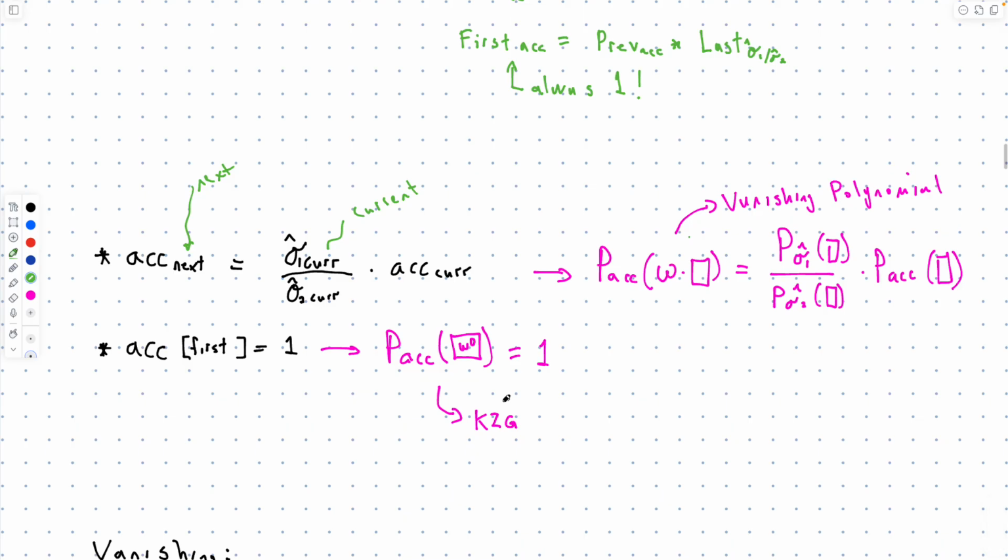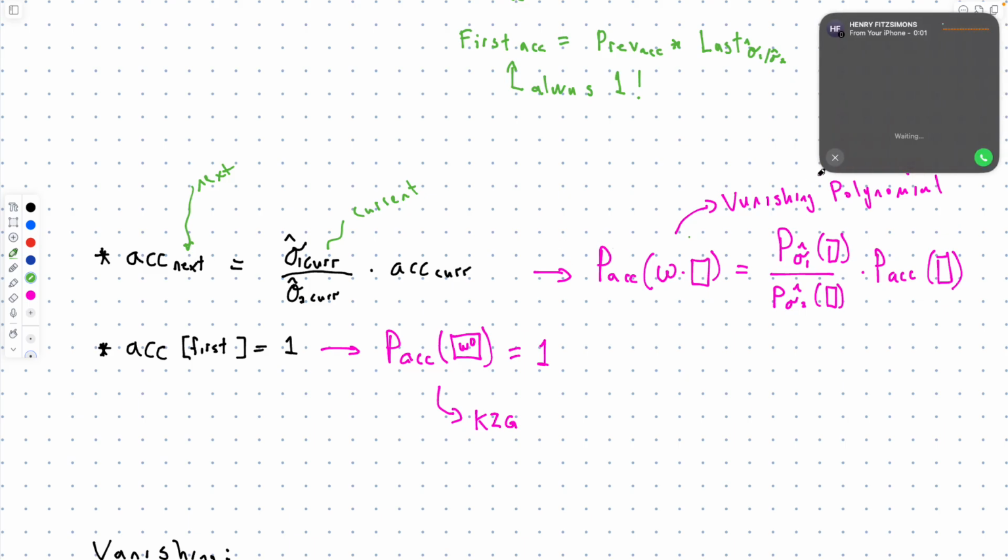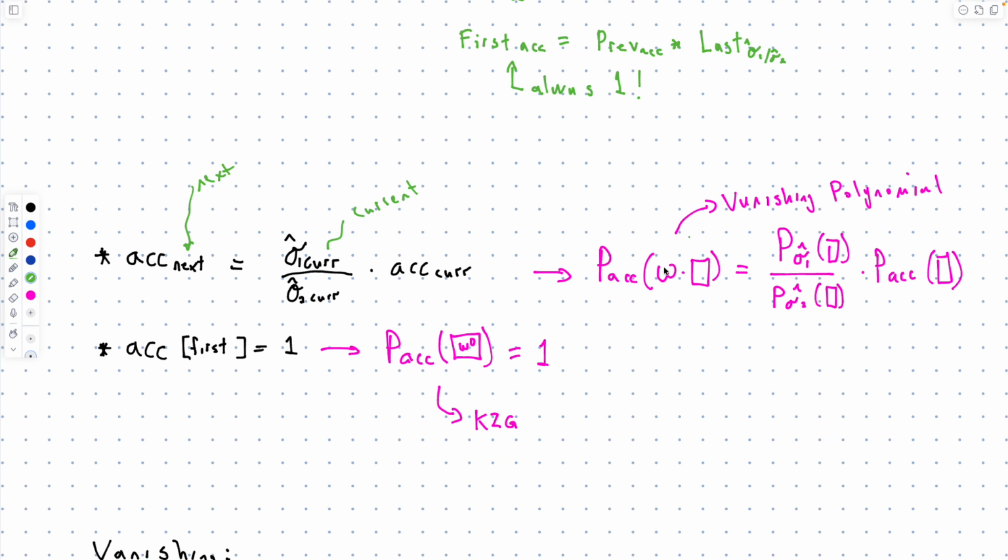Well, we can just use KZG and open it up at that point. This has the looks of a deductive proof. It's a recursive or inductive kind of proof. So this is a recurrence, and this is the base case. Exactly that.